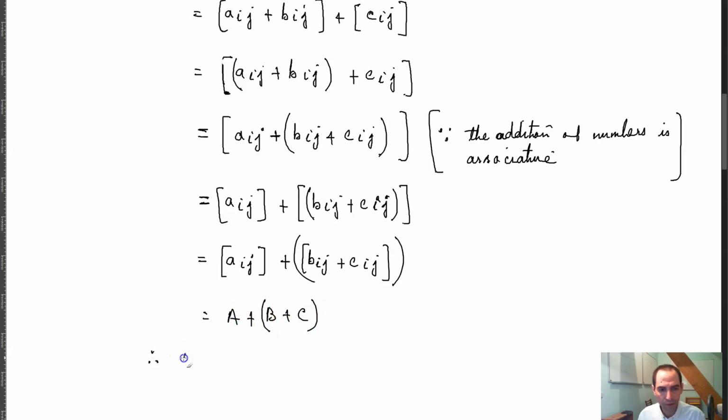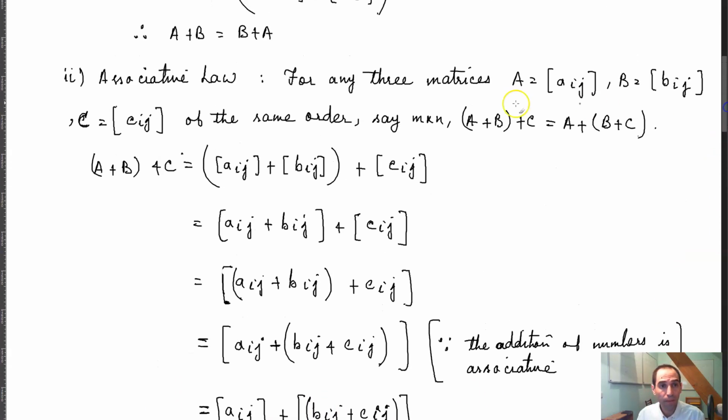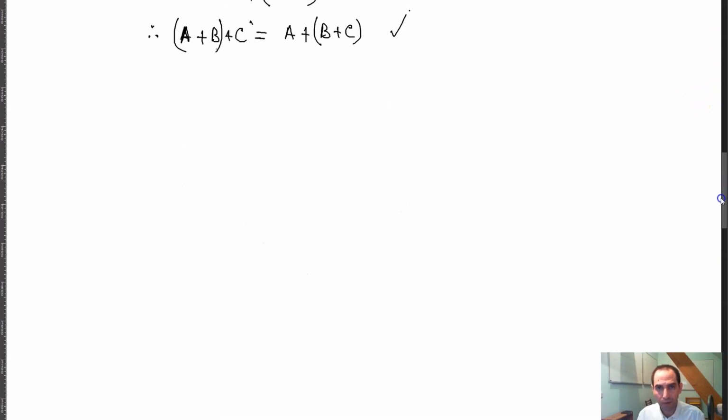And therefore A plus B plus C is the same thing as A plus B plus C. That is the associative law for addition of matrices.